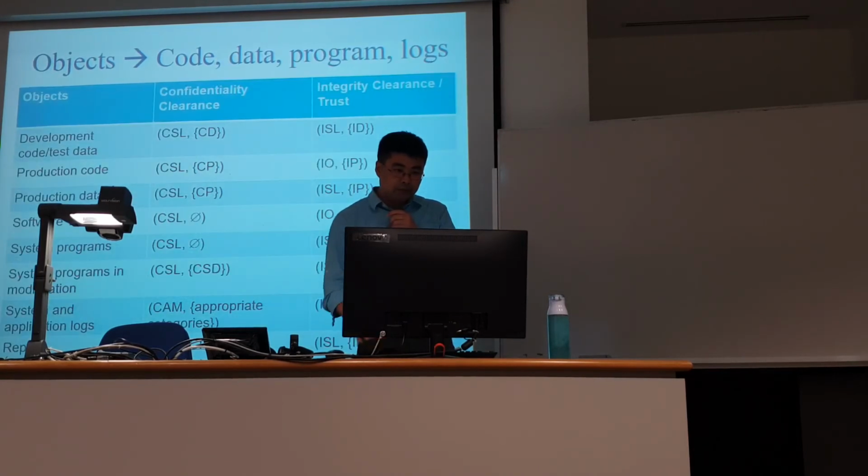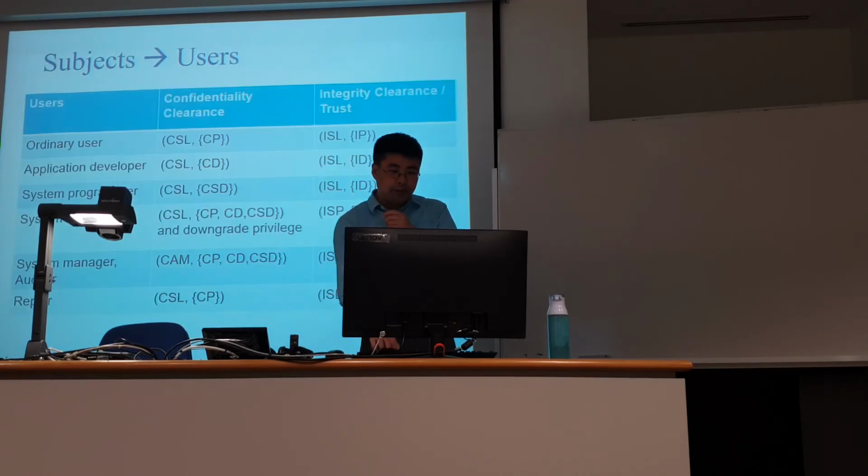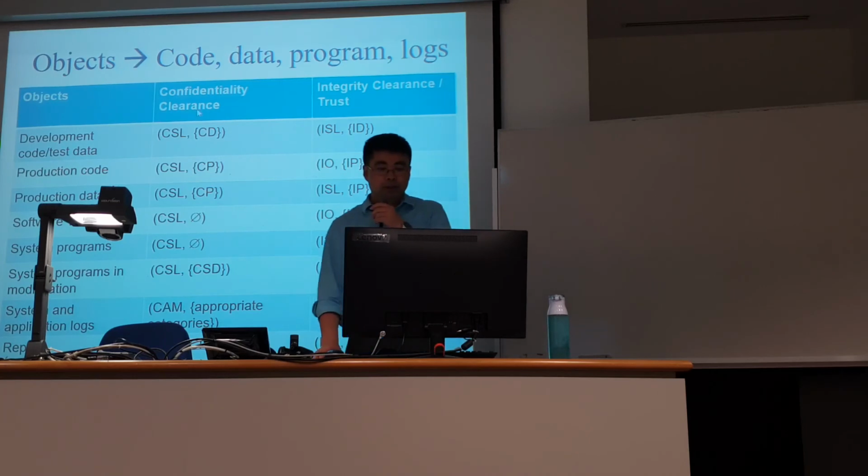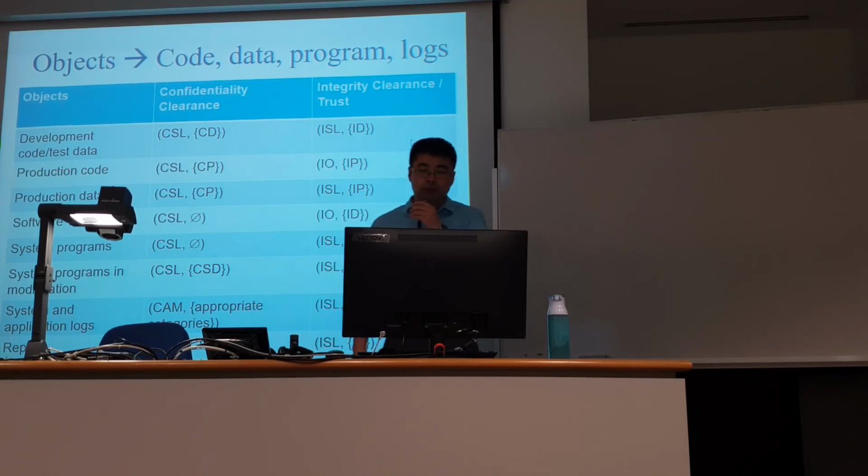Okay, so these are the labels for the subject with regards to the confidentiality lattice and the integrity lattice. And then for the objects, you can also have the two lattices, right? These are the labels assigned to the objects for the confidentiality lattice, the two-dimensional lattice. And this one is the labels for the integrity lattice assigned to the objects.